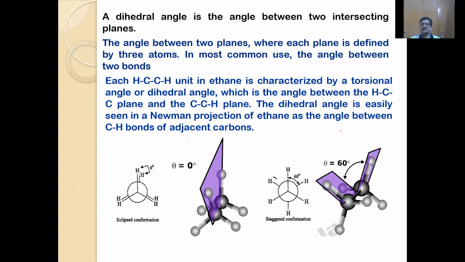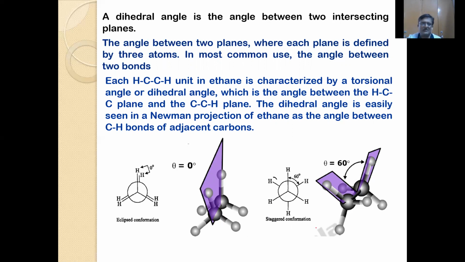Dihedral angle is an angle between two intersecting planes. This is a single plane. When both are being opened, pages are opened at a particular angle, then it is called intersecting planes. The angle between this and this intersecting plane is called the dihedral angle.